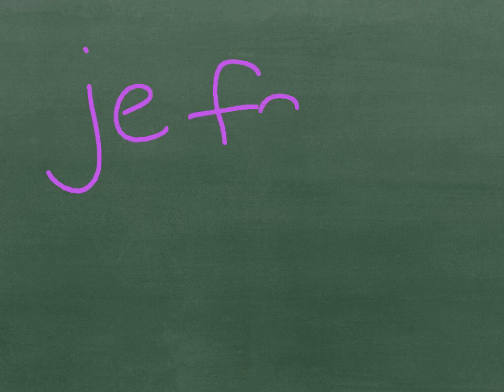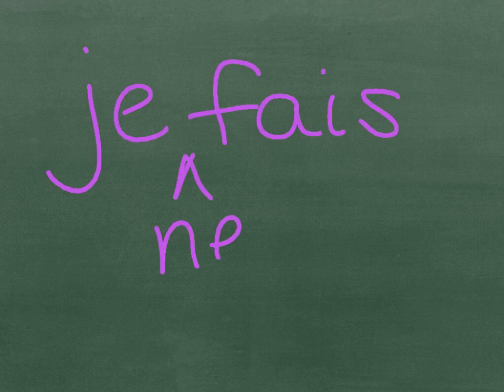Okay, well that's all very well and good, but how do we use these negative expressions? Let's say you wanted to say, I'm not doing anything. So you have je fais, which is just I'm doing. And we're going to add in ne, just like you would if you were saying I'm not doing.